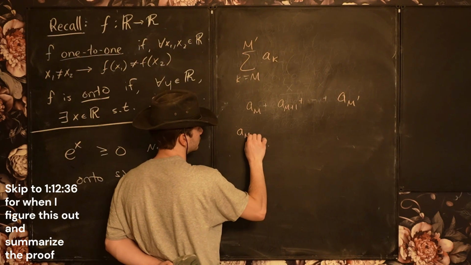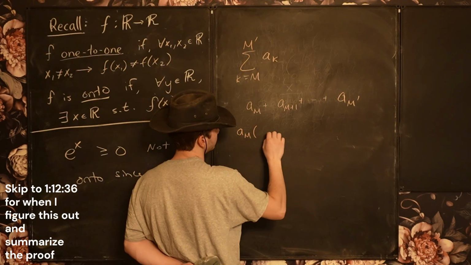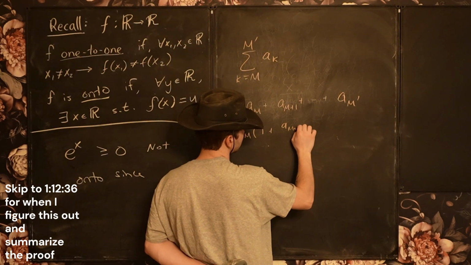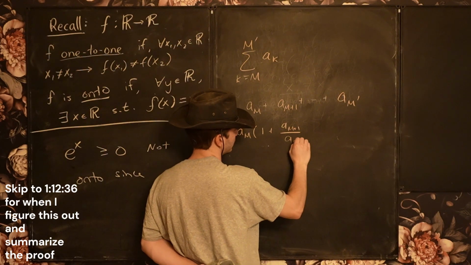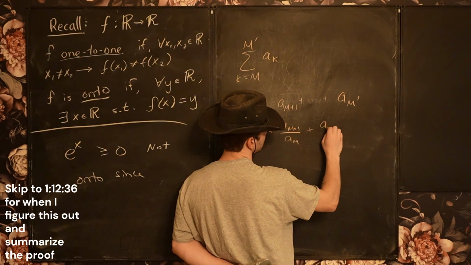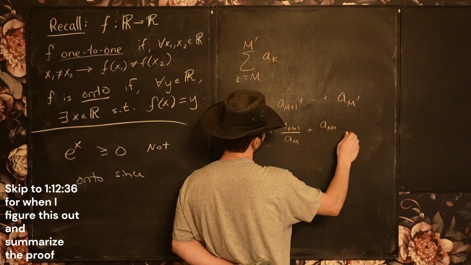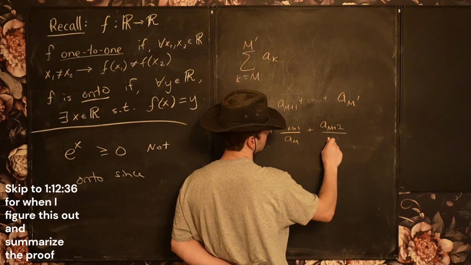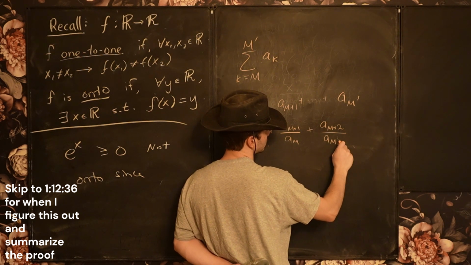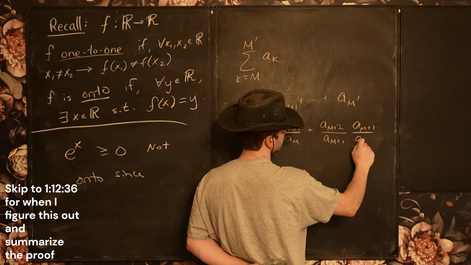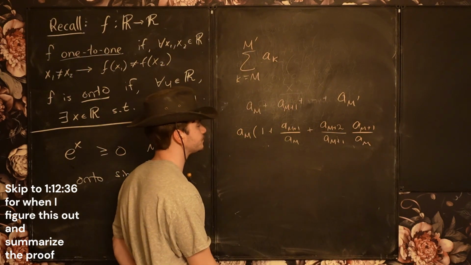a_m times 1 plus a_{m+1} over a_m plus a_{m+2} over a_{m+1} times a_{m+1} over a_m.